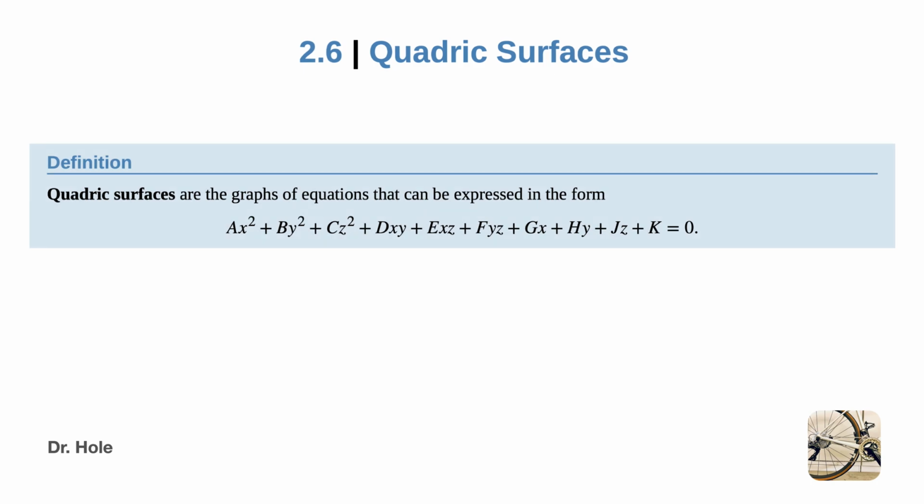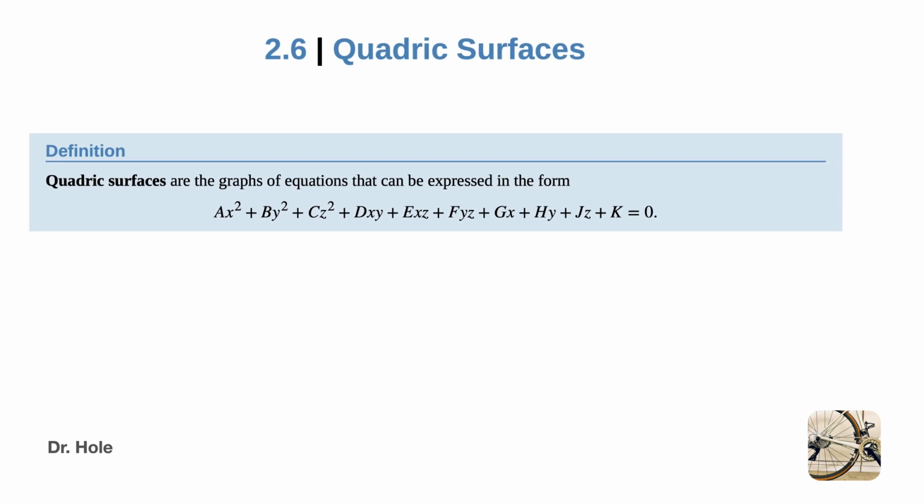Excellent. Let's go ahead and dive into quadric surfaces. We're looking at an equation. The equation's been set equal to 0. On the left-hand side are variables x, y, and z, and the highest power is 2. Thus, a quadric surface is the graph of a degree 2 polynomial equation in x's, y's, and z's.